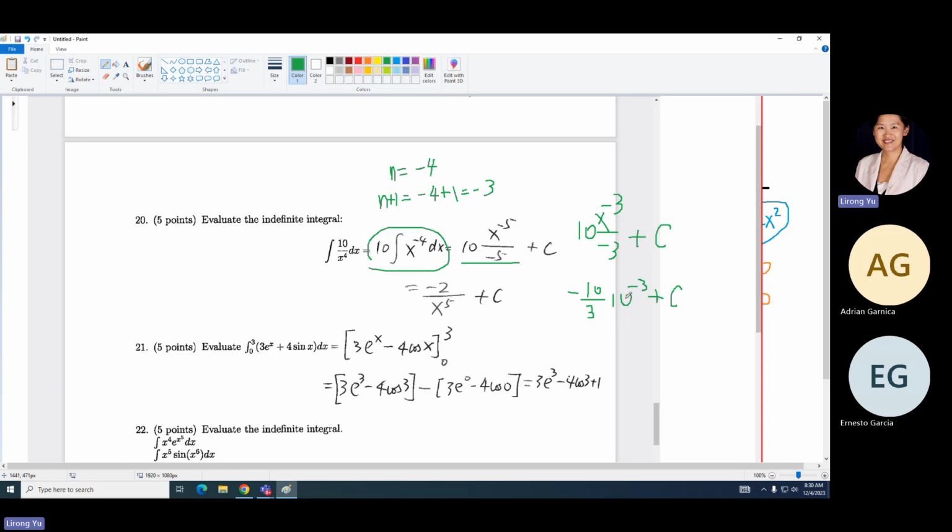You can also put the negative power in the denominator, so it's -10 over 3 times x to the power 3 plus c, which is equivalent.